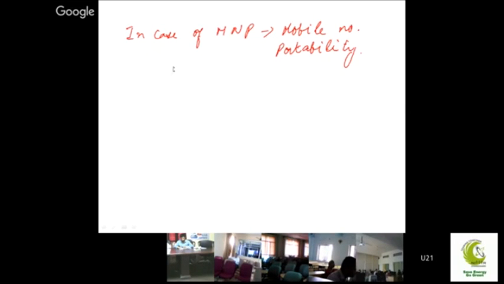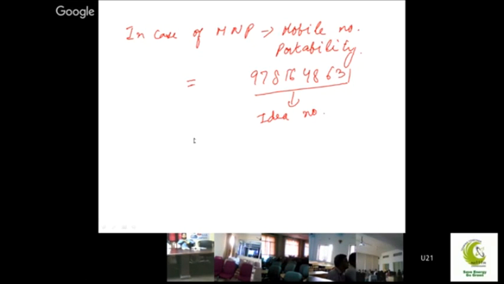Suppose I take an example: this is my mobile phone number, it remains the same, but say I have been using Idea. I switched my phone number to Airtel. This number is now Airtel.